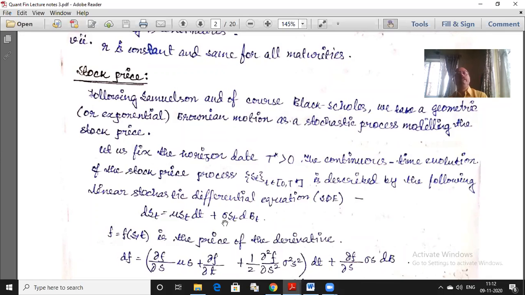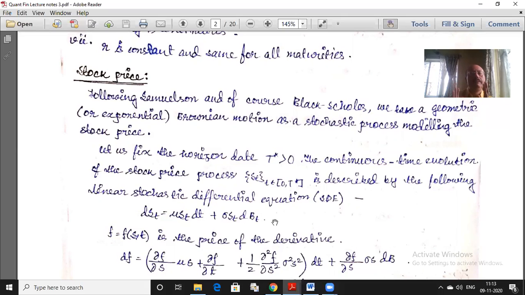And for the initial application, we assume both mu and sigma to be constant. So this is the simplest possible Ito process to represent the stock price change. So dS_t by S_t is mu dt plus sigma dB_t, which of course I can write like this: dS_t is mu S_t dt plus sigma S_t dB_t, but it's the same thing.